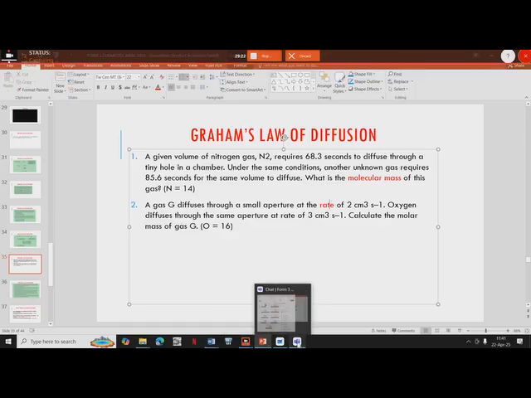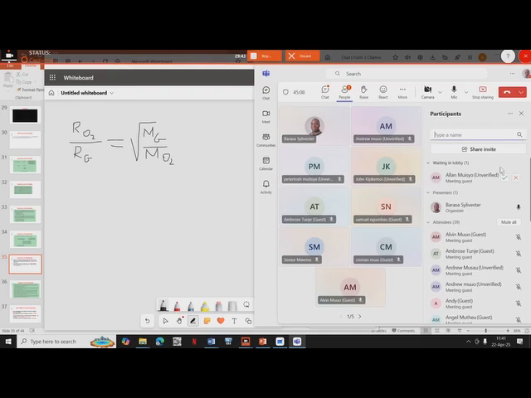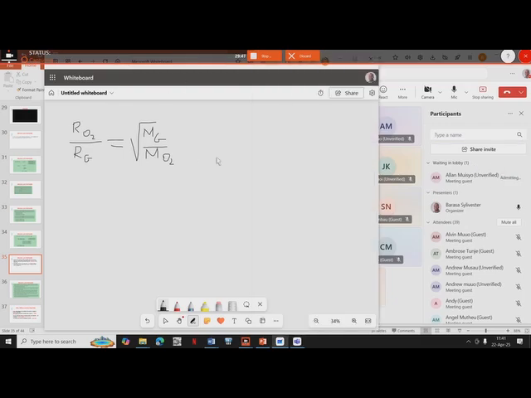The next thing is now to substitute the values in that equation. For gas G, the rate is 2, and for our friend oxygen gas, the rate is 3. So according to my equation, RO2 is 3 and RG is 2. I can also begin with the other one, which will mean I also reverse this one here.